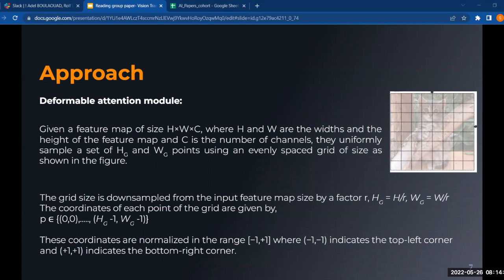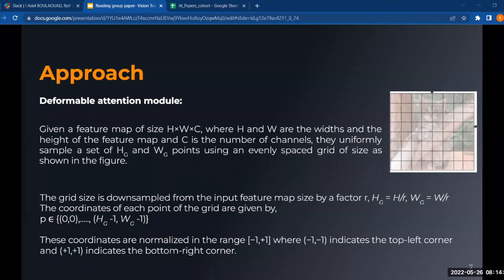These generate a set of reference points, which are linearly spaced 2D coordinates ranging from 0, 0 to Hg minus 1, Wg minus 1. They then normalize these points to the range of -1 to +1 according to the grid shape, in which -1, -1 indicates the top left corner of the grid and +1, +1 indicates the bottom right corner.